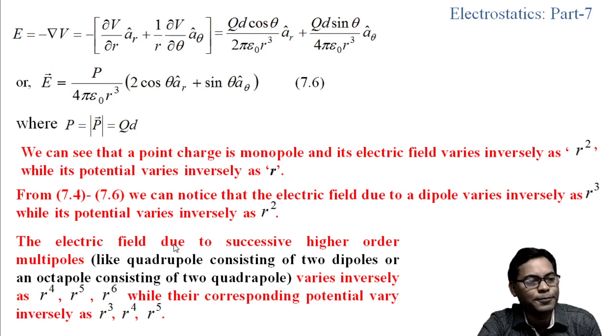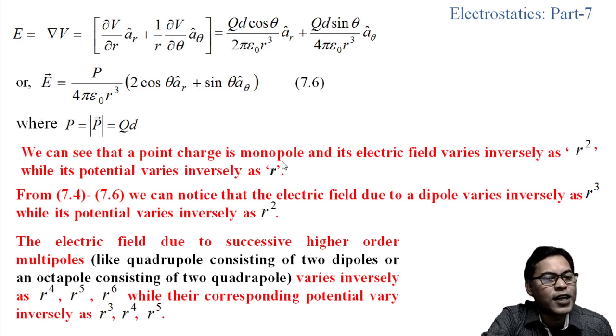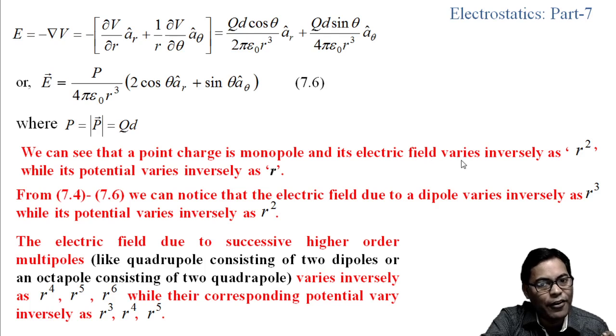You can see that a point charge is a monopole, and its electric field varies inversely as r square. We know the electric field intensity E for the point charge is Q by 4π ε₀ r square. So E varies inversely as 1 by r square.